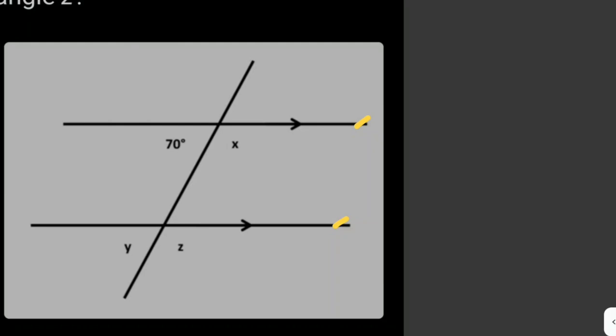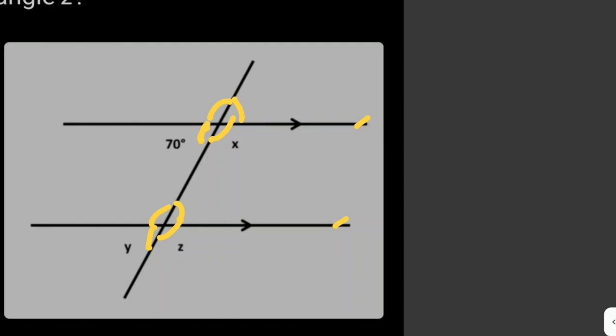A pair of corresponding angles occupy the same relative position and are on the same side of the transversal. One is the interior while the other is the exterior. And this one, and this one, this one, and this one, and also this one.